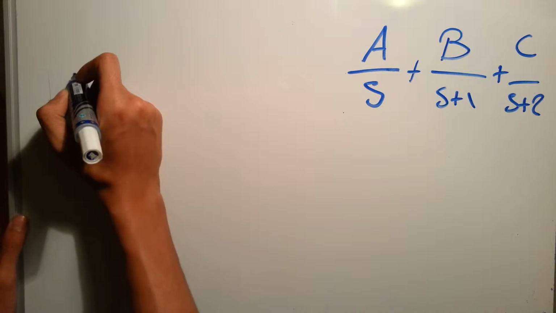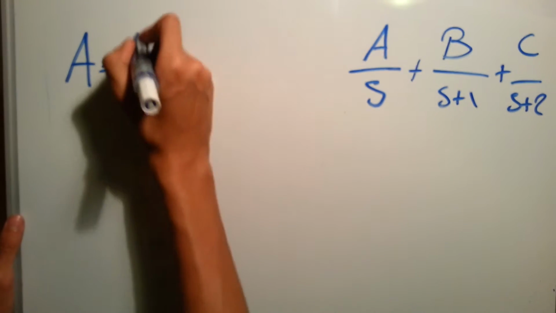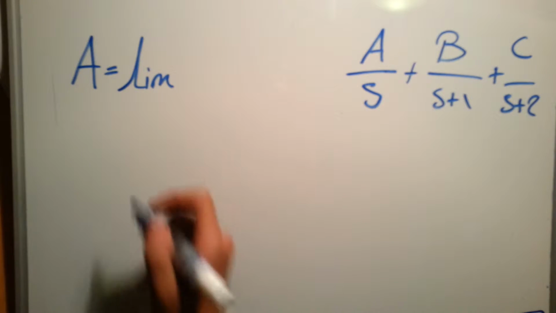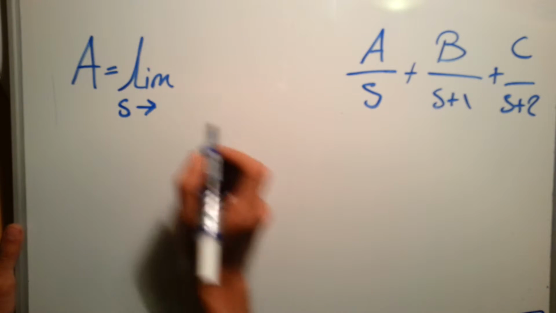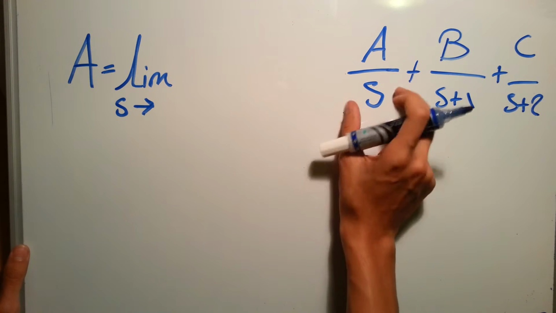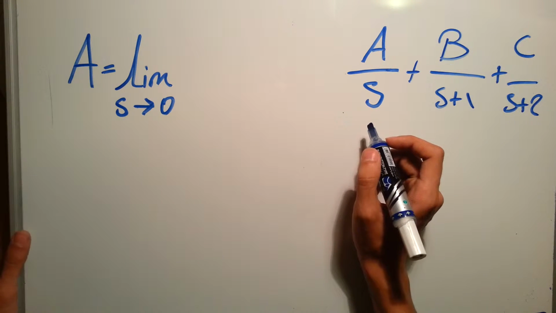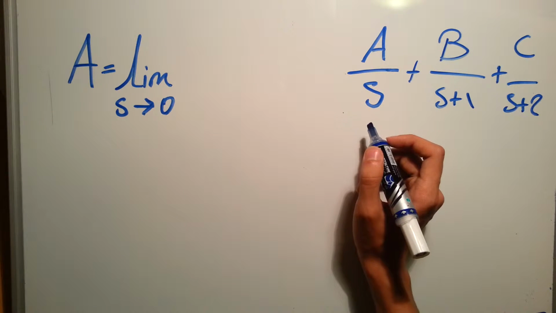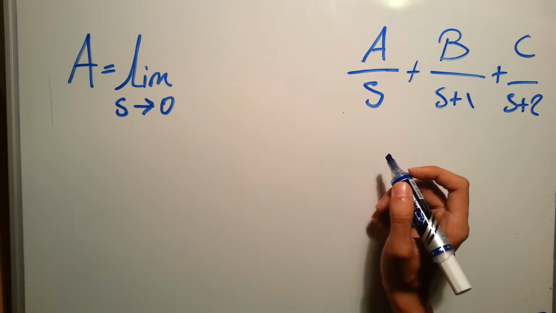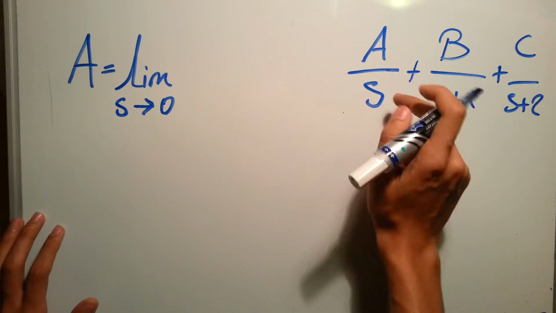For A, let's start with A. It's always equal to the limit, as s goes to the number that makes this denominator equal 0, and obviously it's 0 in this part, of the original fraction, which was written previously, multiplied by the denominator of this.